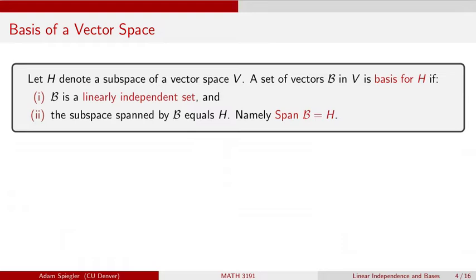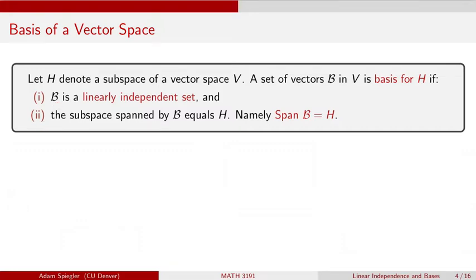So let H denote a subspace of some vector space V. Then a set of vectors that we'll denote with this script B is a basis for this subspace H if it satisfies two properties. The first is that all of the vectors in this set B are linearly independent.